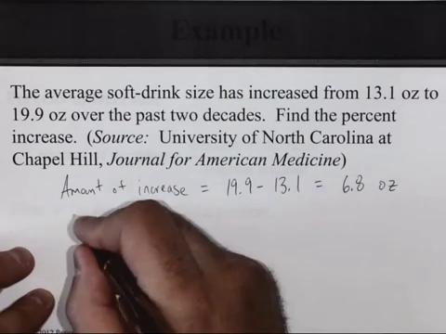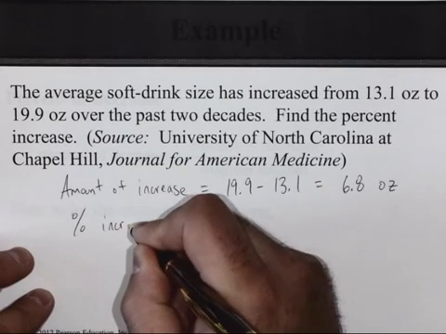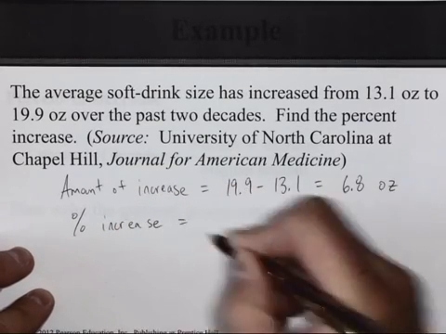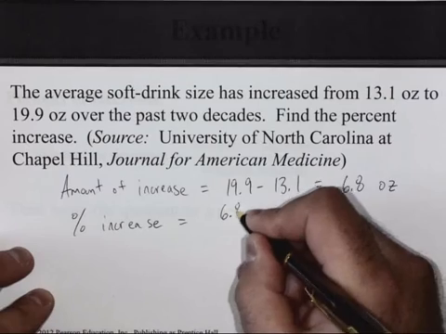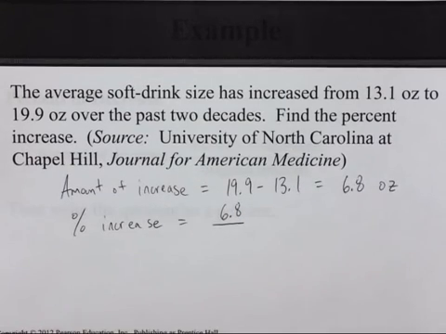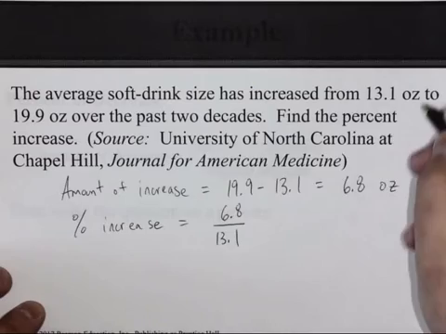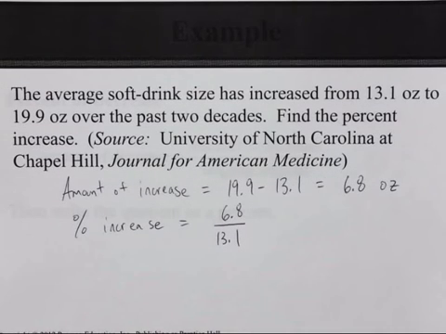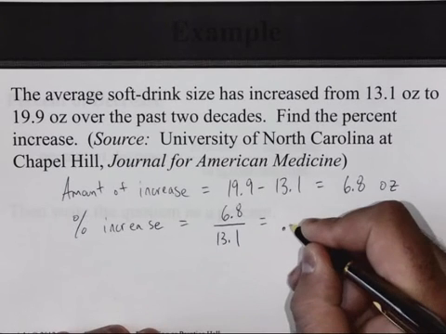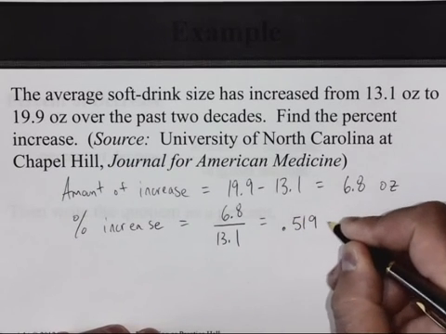So then to find the percent increase, we take the amount of increase divided by the original. If it went up, the original is going to be the smaller of the two numbers up here. So that's 13.1. If we divide those two, we get 0.519.